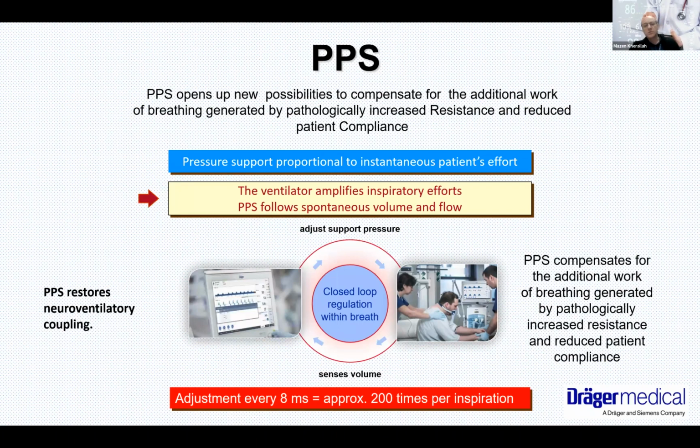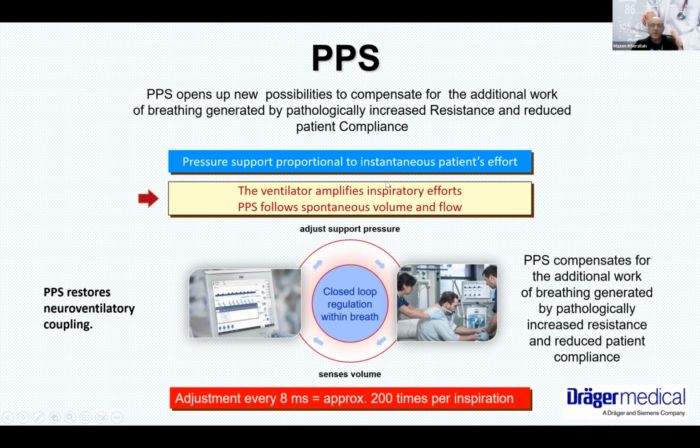So in other words, we can say that pressure support is proportional to the instantaneous patient's effort. So it is simply pressure support mode, and the machine will give nothing but pressure support. However, the pressure support level is not fixed. It is variable. And how do we determine what that level of pressure support is? The patient is actually doing that.